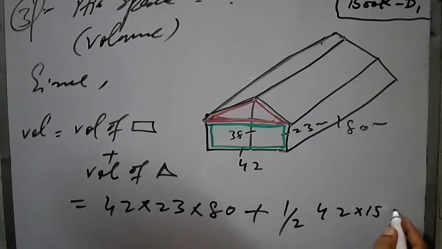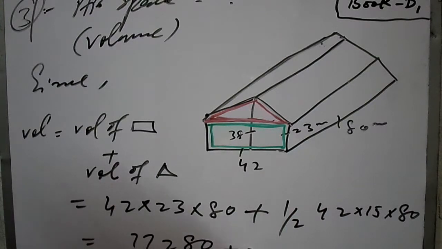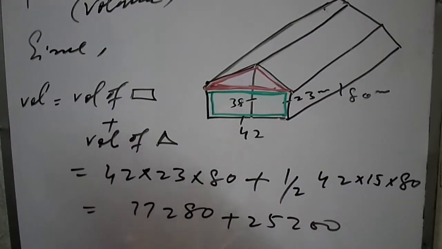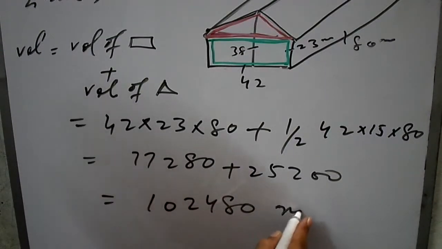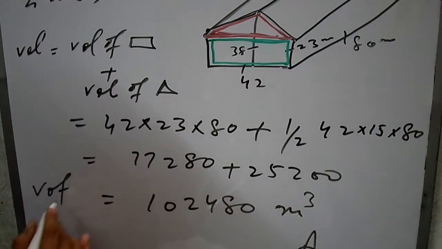Altitude is your 15 into height. So after simplification, 77280 plus 25200, you will get 102480 meter cube. So that is your result, that is your volume or air space.